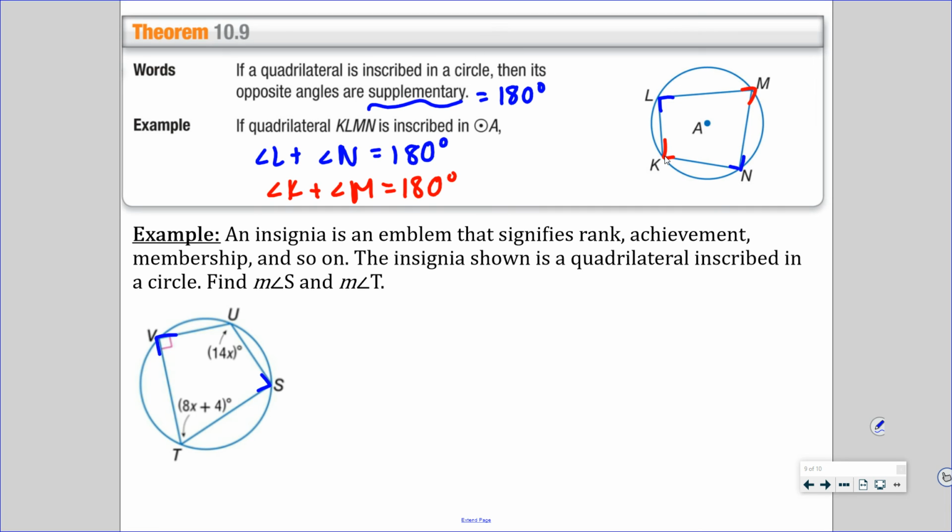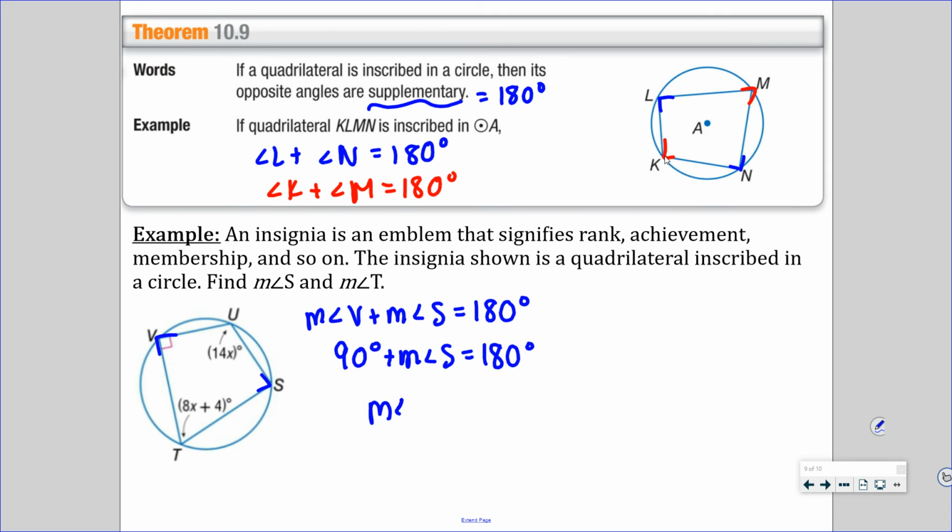The opposite angles have to be supplementary. The opposite one is a right angle. Angle S also has to be 90. Good. That doesn't mean they're always each going to be 90.